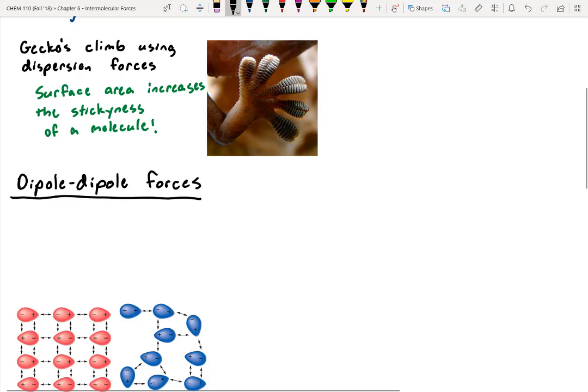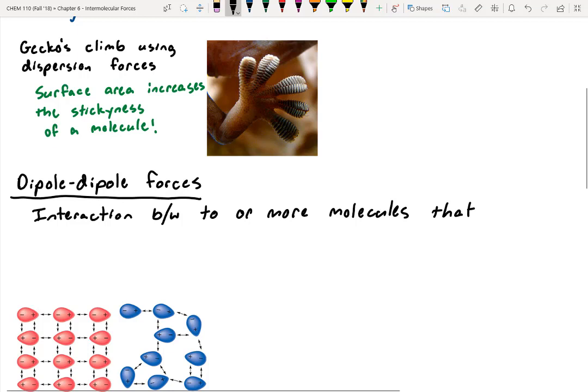And these are the next up, and this is the interaction between two molecules that are polar. Two or more molecules that have net dipoles.